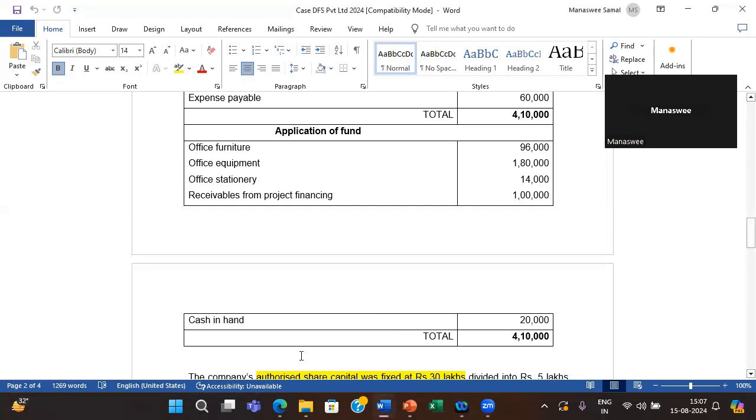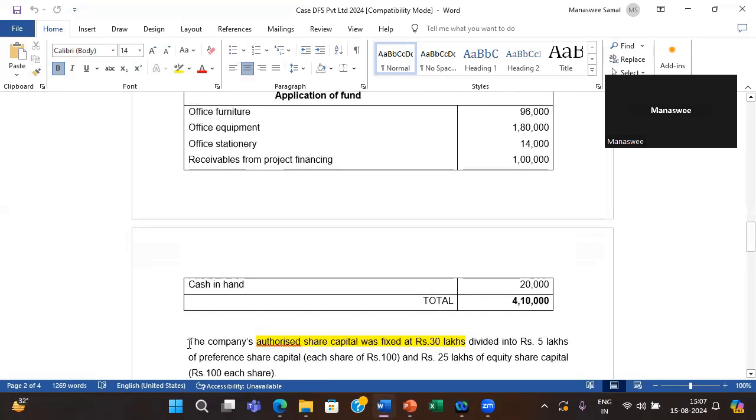But if you recall, we will have one more asset called goodwill on acquisition 1,53,000. So what I'll do, I'll just type here goodwill on acquisition will be 1,53,000.